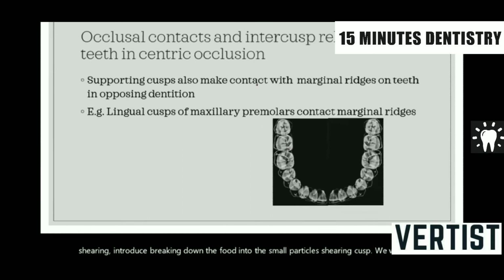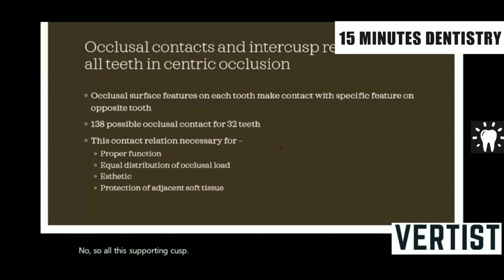Now, all these supporting cusps and shearing cusps interact with each other. As I told you, one tooth will interact with two of the opposing teeth. So in this way, 138 occlusal contacts are possible. These contacts are very important.